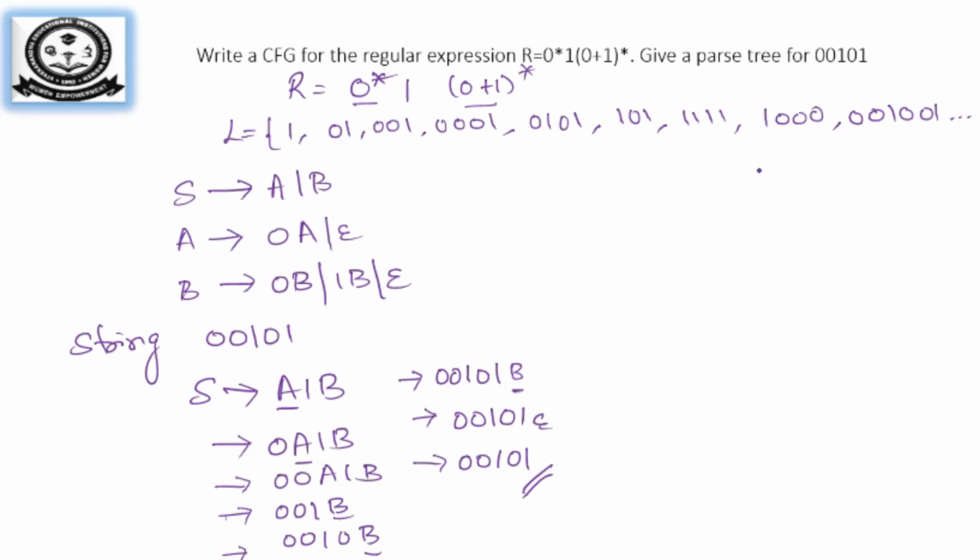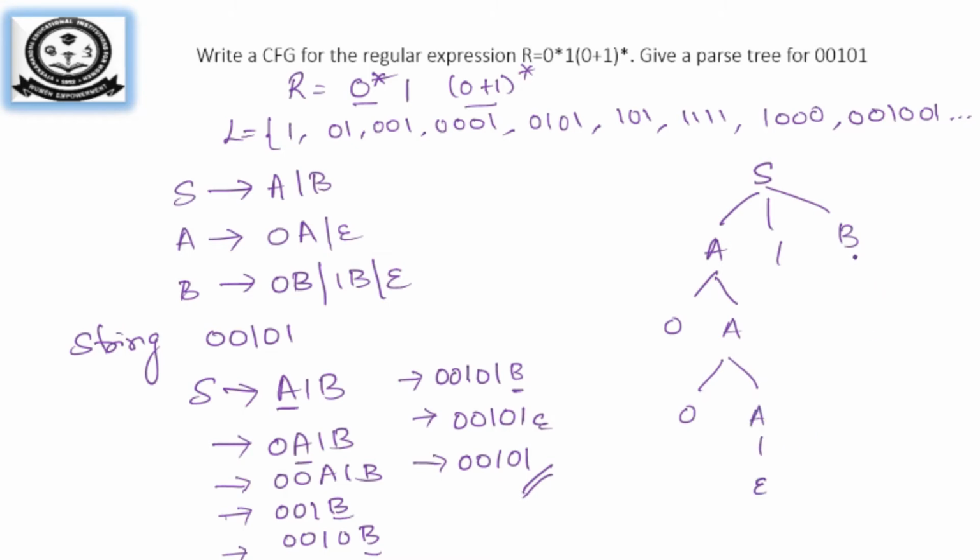So we will start with S. So you have A1B. Now A is substituted as 0A, then finally you have epsilon.